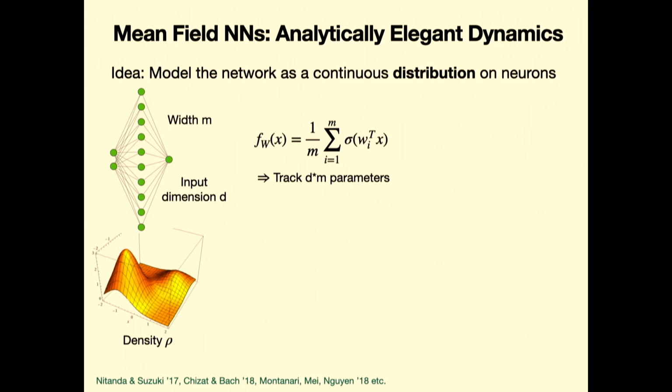However, if the width goes to infinity, we can think of the neurons as being a distribution over the subspace in R^d. So here I've modeled the neurons as a density rho, and we can think of the output of the network as the expectation over those neurons of the activation applied to the input dotted with the neuron.